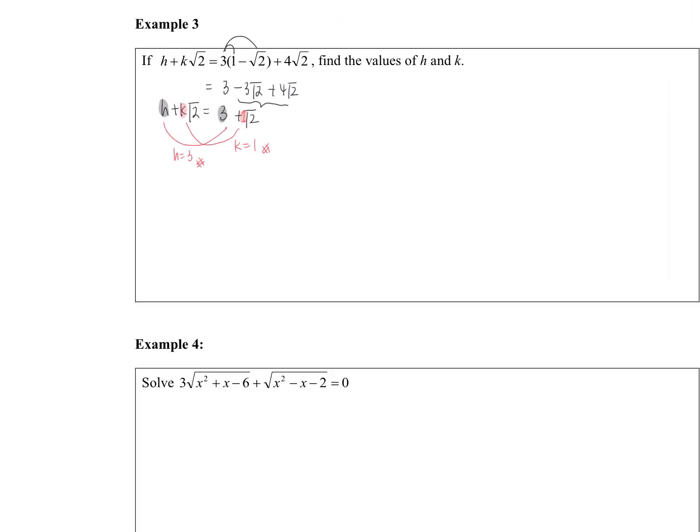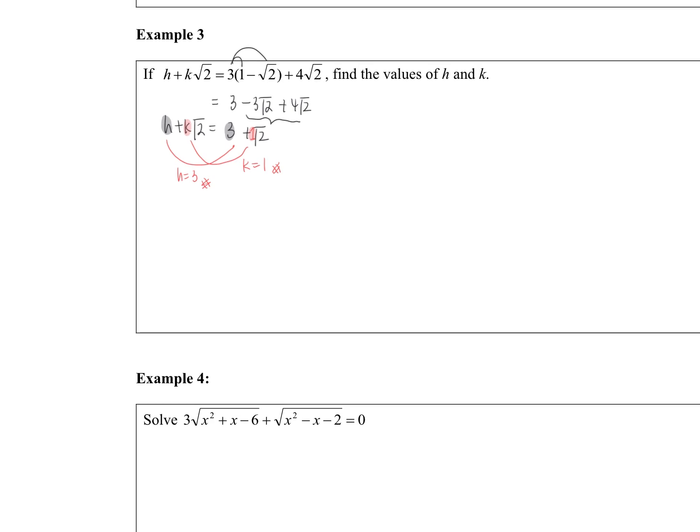Okay, last one. This one, same thing. You have 2 square roots. Bring 1 to the other side first, and then now you square both sides.